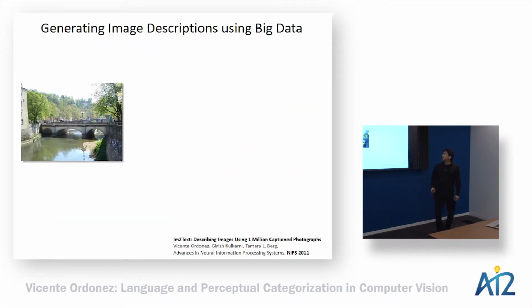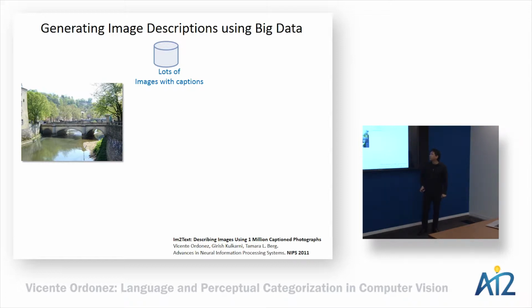So the first image description system that we came up with was a very simple one. We have an image here, and we assume that we have this huge database with images and descriptions. We just assume that it exists for now.